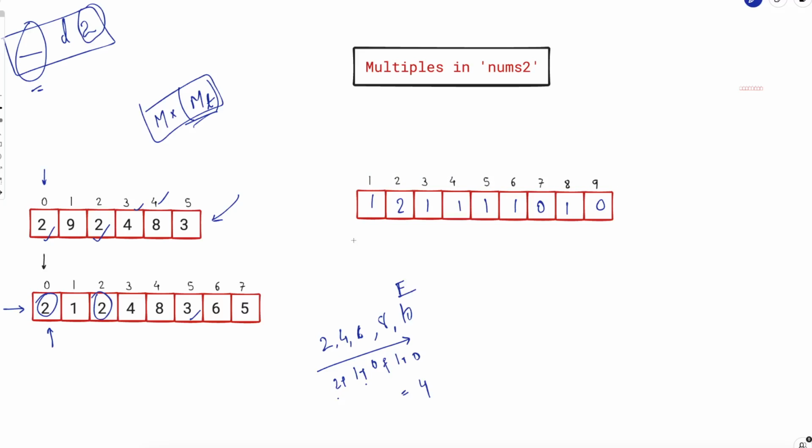Now what will be the overall complexity? For this you are going over all the multiples of 1, that will take you order E, or order E by 1. For this you are going over all the multiples of 2 exactly once, that will take you order E by 2. For this you are going over all the multiples of 3 exactly once, so E by 3.